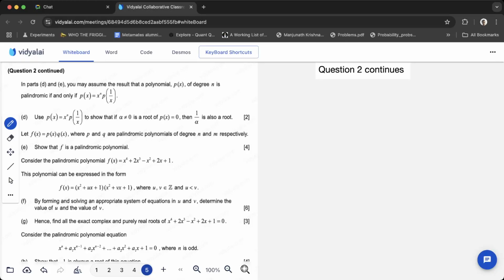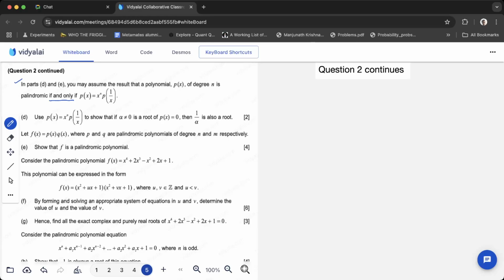So question 2 continues here. In parts B and D, you may assume the result that a polynomial of degree n is palindromic if and only if p of x equals x to the n times p of 1 over x.